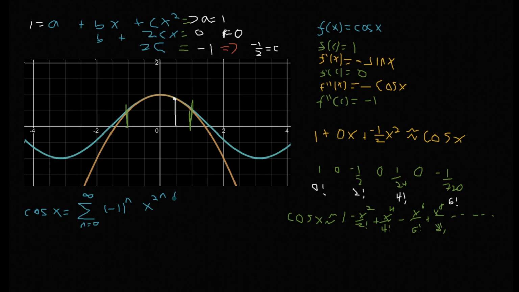If we said plus 1, that would be in the form of an odd number, but we only want even powers. So we're going to have x to the 2n, and then we also want that same power to be factorial. So we're going to have 2n factorial. We're going to have the same exponent as whatever number factorial. And so this is how you would write an infinite sum for cosine x.